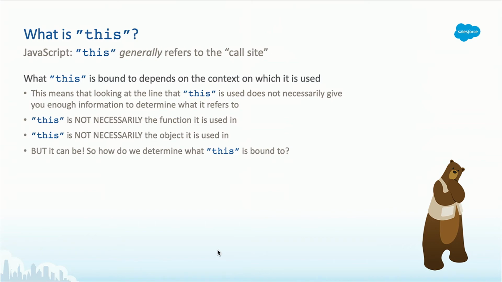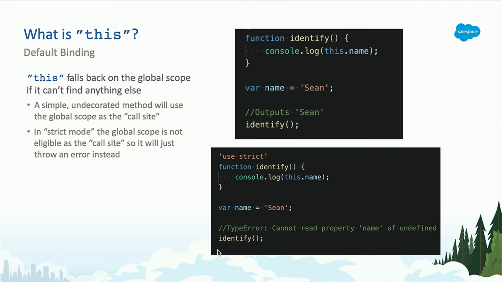This really frustrated me, and it still frustrates me to this day, because I really wanted the this keyword to work like it does in Apex. But if you can let go of that notion of what you think the this keyword should be, you can embrace it for what it can do. Now, the first step to doing that is understanding how the this keyword is bound. Let's start with the default binding.